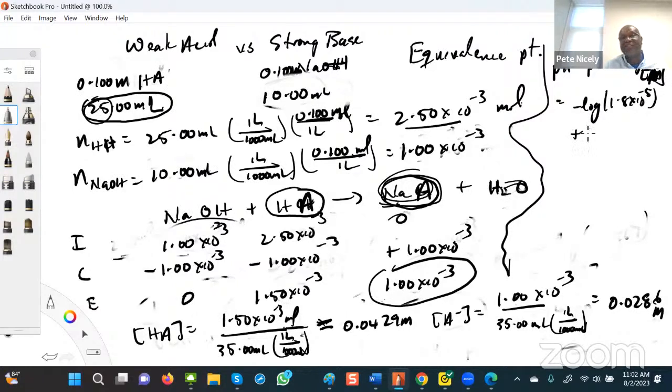And then I add that to log of the concentration of the conjugate base, 0.0286 M, divided by the concentration of the acid, 0.0429 M. And then we do the number crunching. So that would be 0.0286 divided by 0.0429, and then I do the log of that, and then I add that to the log of 1.8 times 10 to the minus 5.